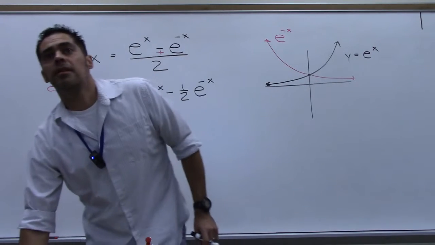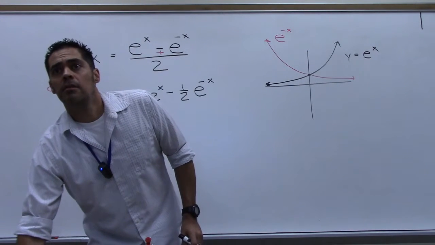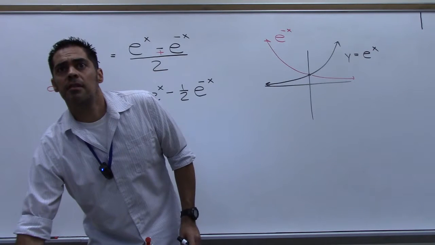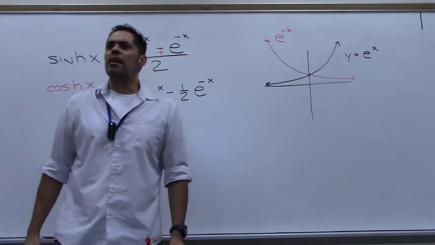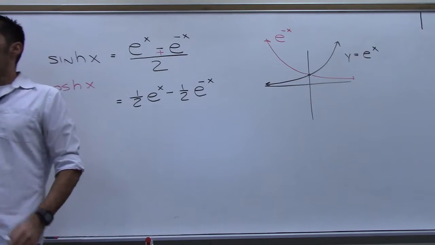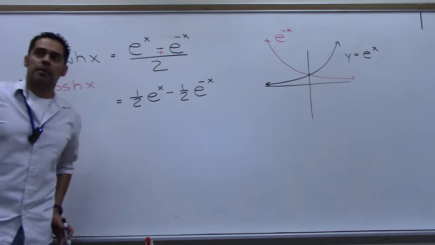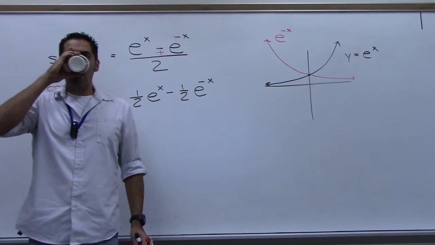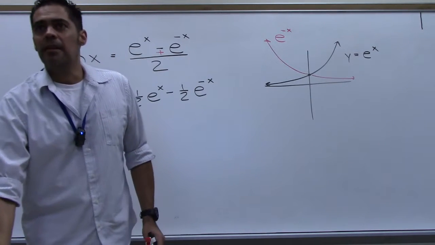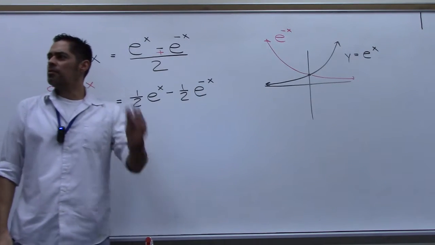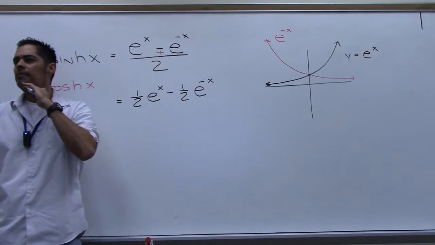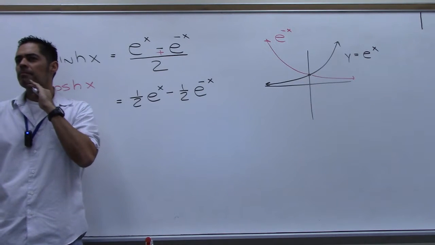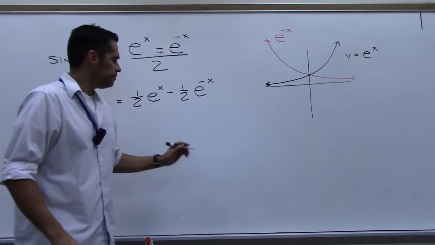And then the tangent hyperbolic looks like this, which kind of looks like which trig function from pre-cal? Isn't that like an inverse tan or something like that? Remember what tangent looked like?